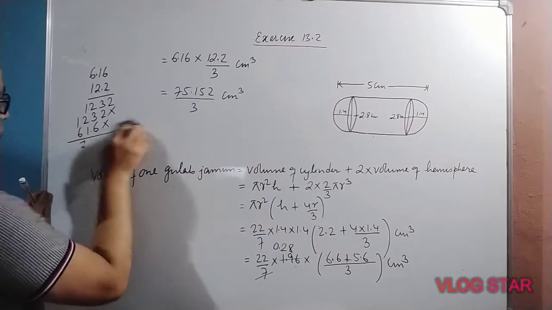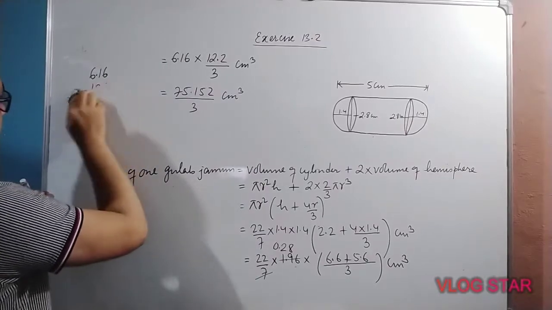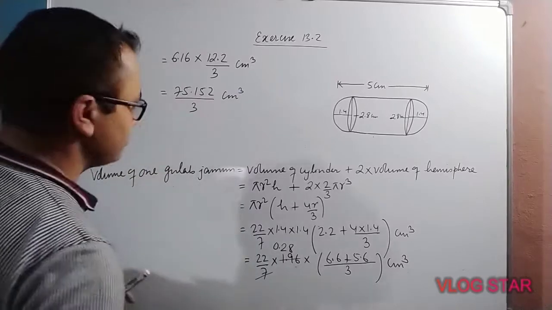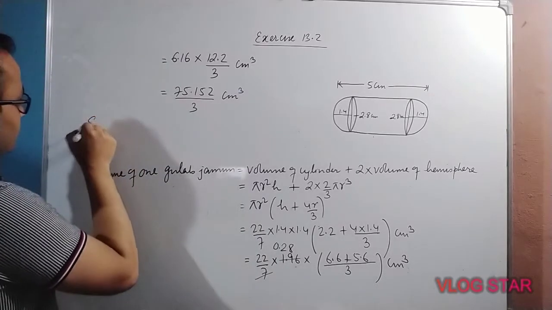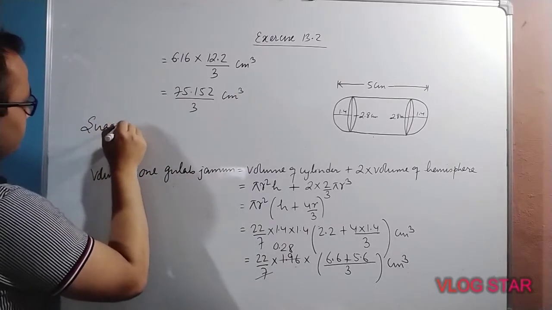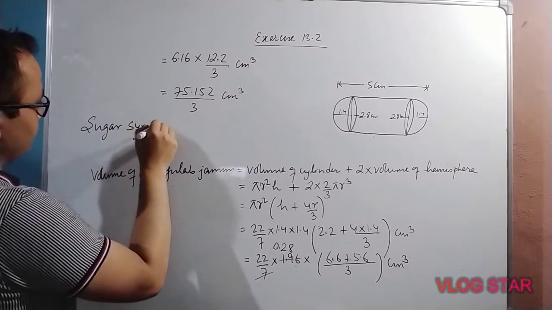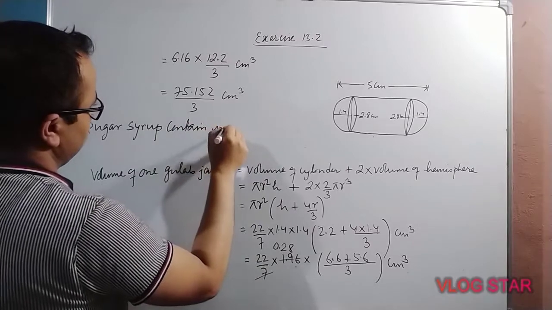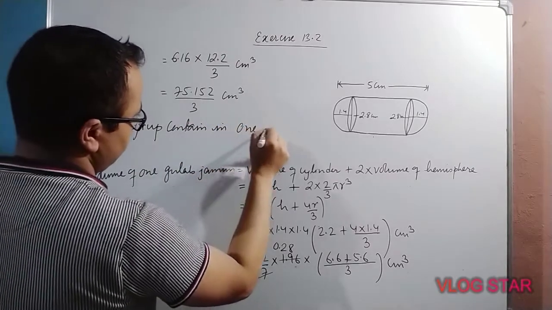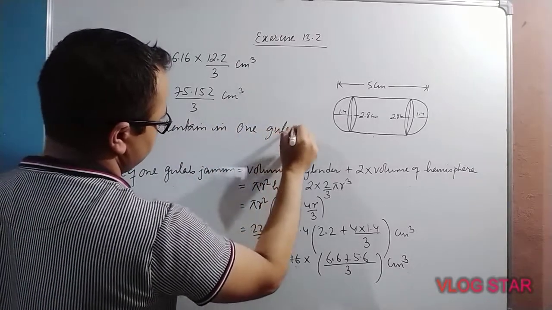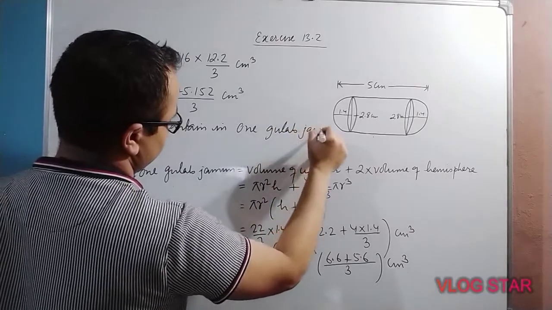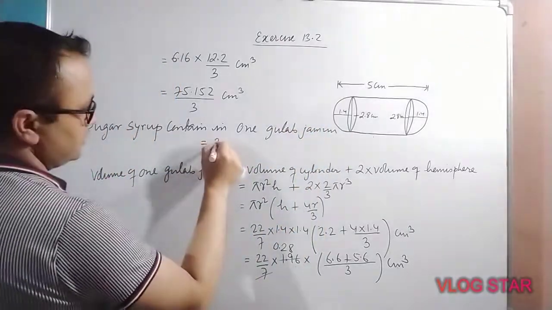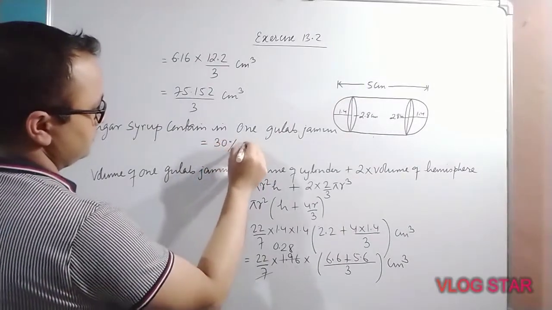Now we have to calculate the sugar syrup content in 1 gulab jamun. Sugar syrup contained in 1 gulab jamun equals 30% of its volume.